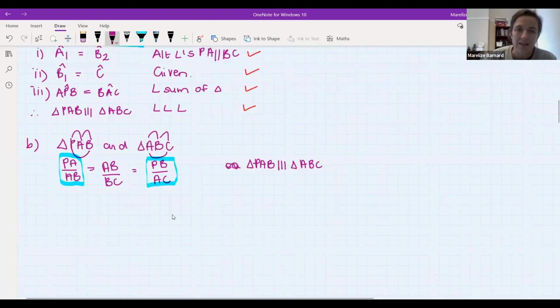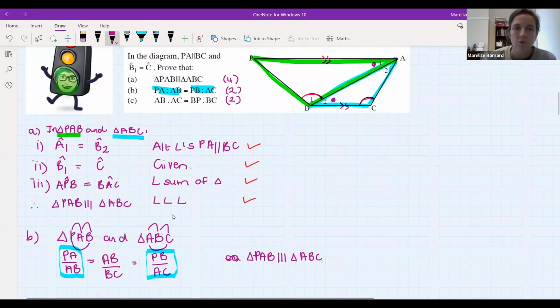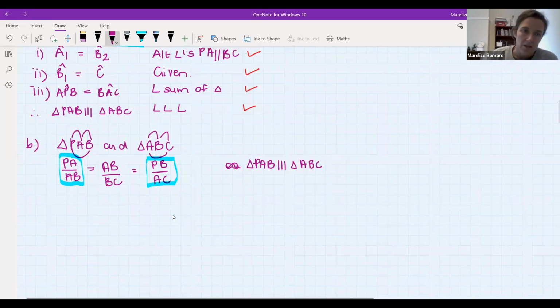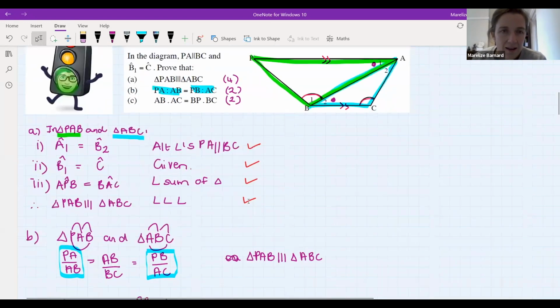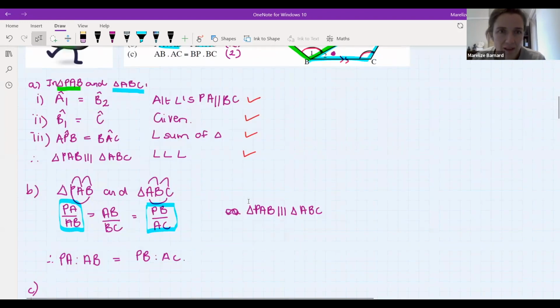We've already said that they are in proportion. So we just have to put it into the form that the question asks for. So we just write PA to AB is equal to PB to AC. Okay, we got that one right. Put it in the chat so that we can see how you're doing over there.